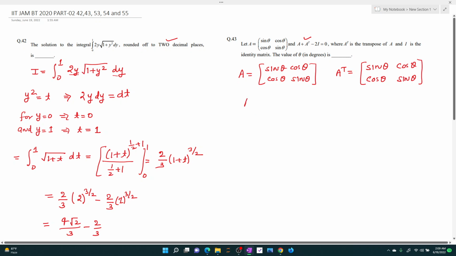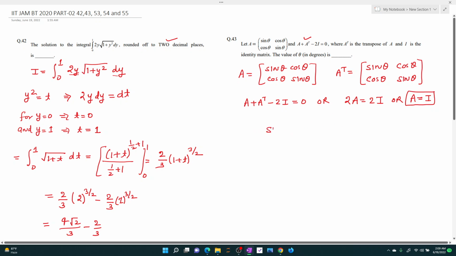Now the equation says A plus A transpose minus twice of I equals 0. As A equals A transpose, 2A equals 2I, or simply A should be equal to I, where I is the 2 cross 2 identity matrix.